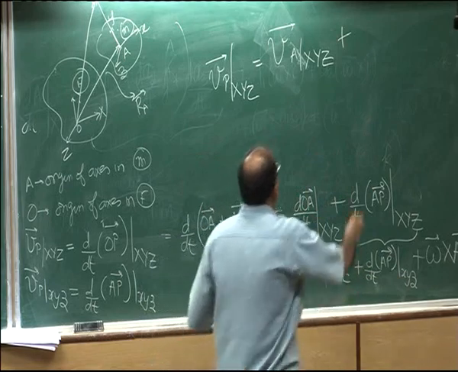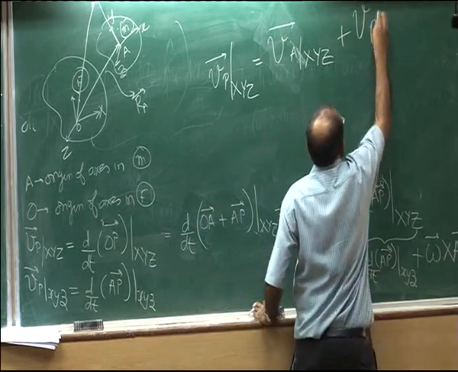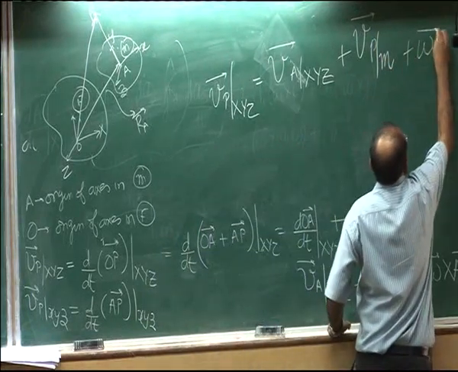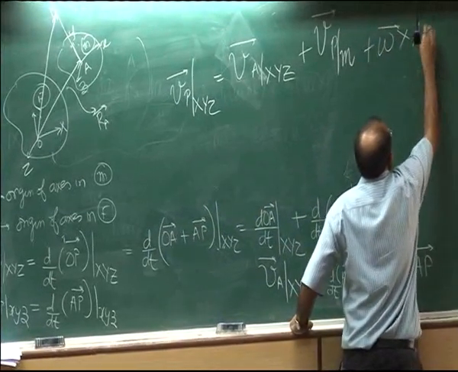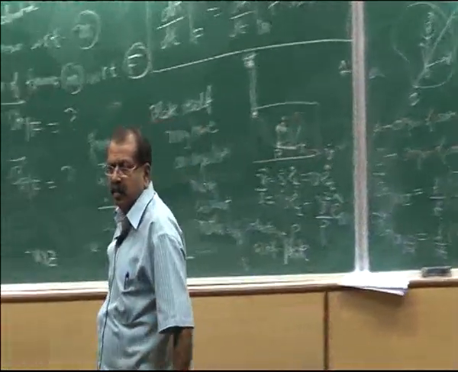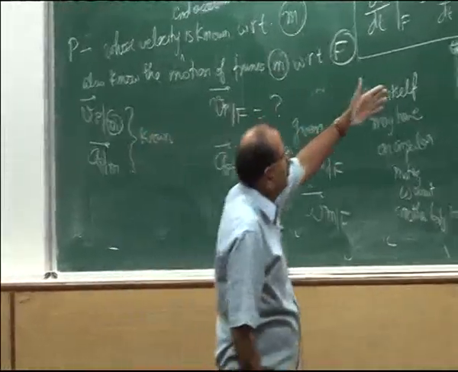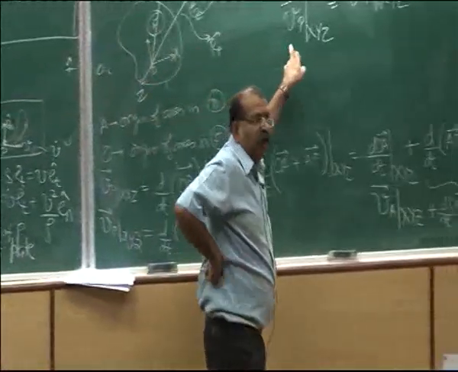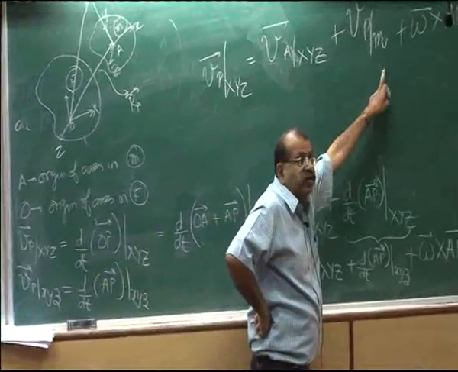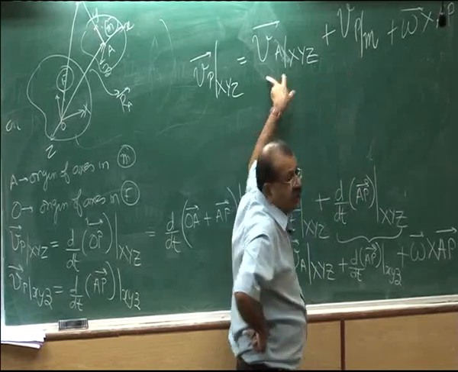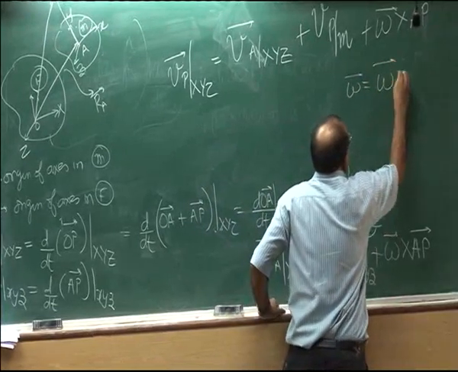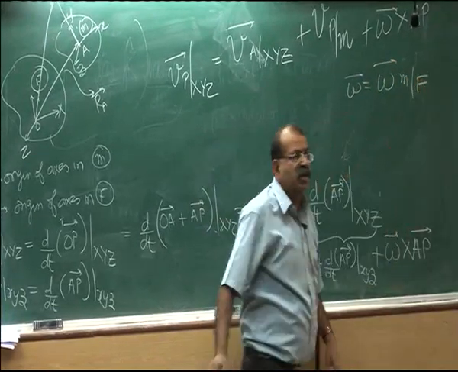That is velocity of P as measured from small xyz, plus omega cross AP. So this is the formula for velocity of a point as observed from the fixed frame: it can be written as velocity of the point as observed from the moving frame plus velocity of the origin plus omega cross AP, where omega is omega of m with respect to F.